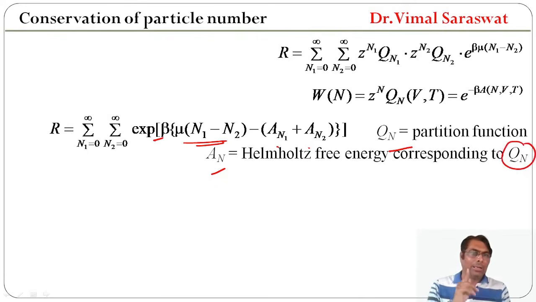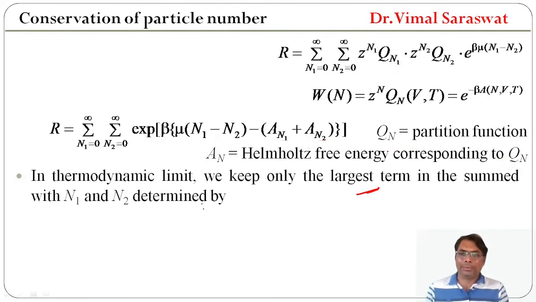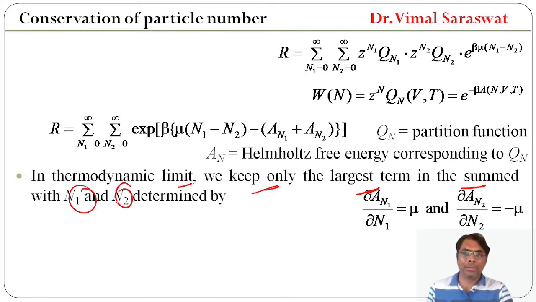It means the Helmholtz free energy corresponding to Qn1 is An1 and the Helmholtz free energy corresponding to Qn2 is An2. In thermodynamic limit, we keep only the largest term in the sum, with n1 and n2 determined by del A n1 upon del n1 equal to mu and del A n2 upon del n2 equal to minus mu.